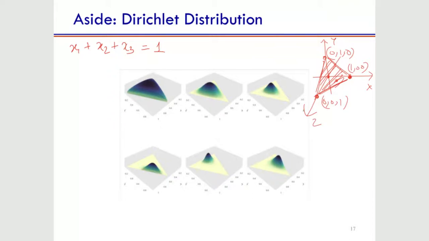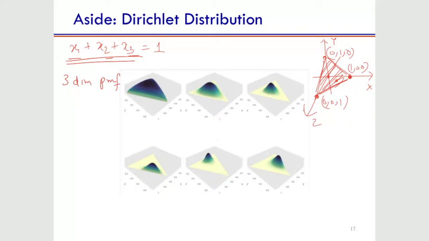You can extend this idea to higher dimensions. You can't really visualize them, but the cool thing about the Dirichlet distribution is that it's a distribution over probability mass functions, because you can think of x1, x2, x3 as a particular three-dimensional PMF, since they sum to 1. Think of a three-sided coin: heads, tails, and something else.